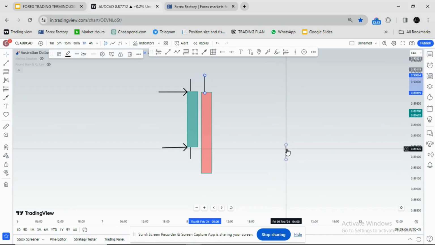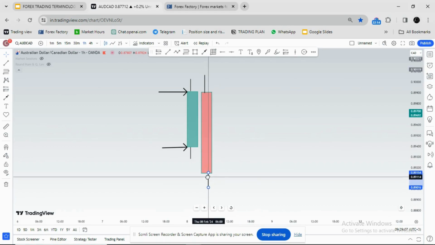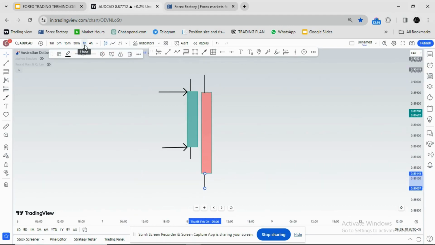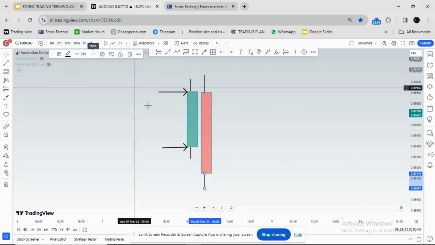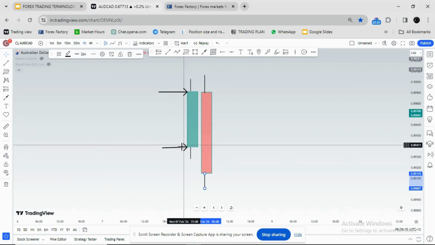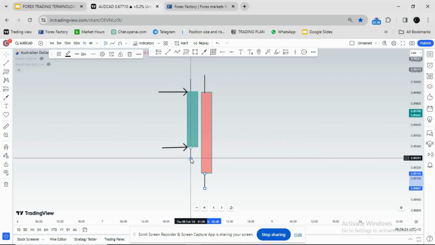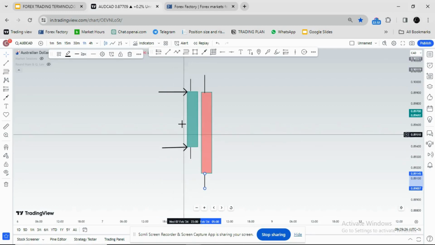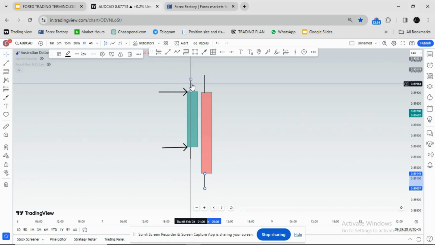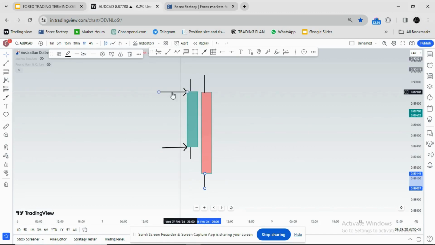Let's have it right there, and this one. So because this is a 1 hour time frame, we have a 1 hour candle forming. Let's say it's 4 p.m. It started forming. This is the opening price, and then it forms a low. This is the low, and does whatever it does, forms a high, and closes here. That is the closing price.